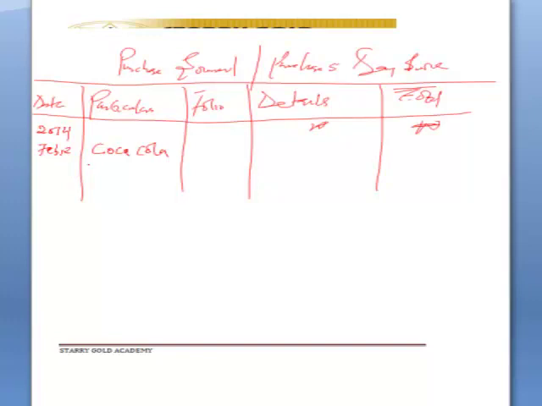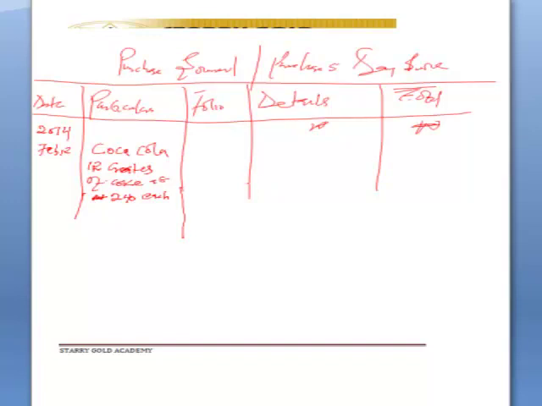What did they buy from there? 12 crates of Coke at 240 naira each.